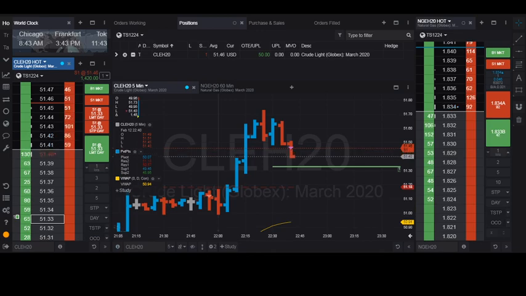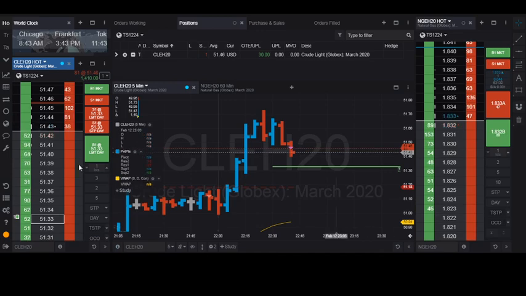Okay, 4 ticks, 5 ticks, looks good, and 6 ticks. Oh, very fast, it went back up. So let's wait.